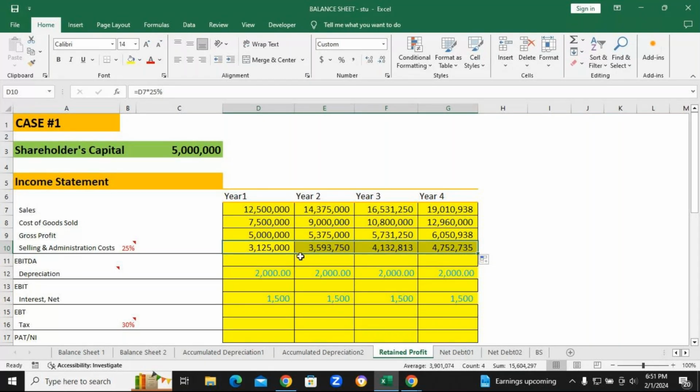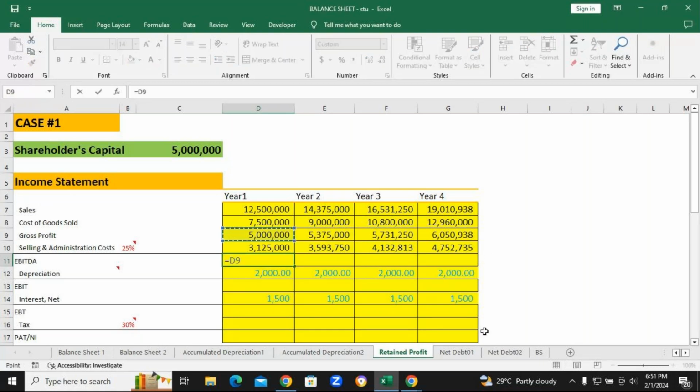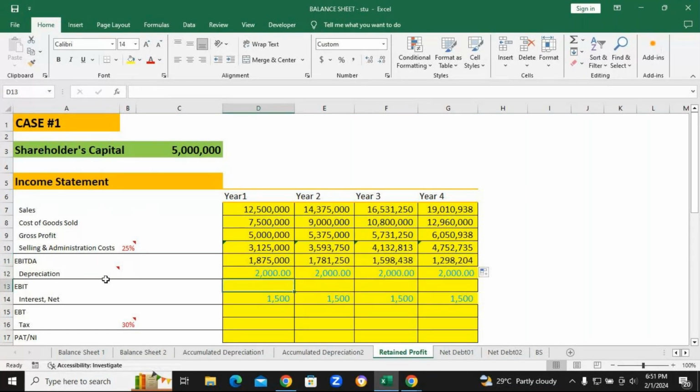Okay, so when I wanted to calculate the EBITDA, it is gross profit minus selling and administration cost. So I'll come here and I will drag it towards my right. Then depreciation, they have already given the value.